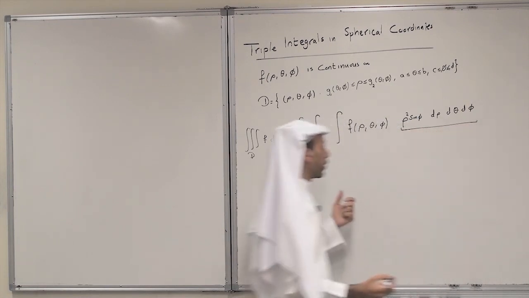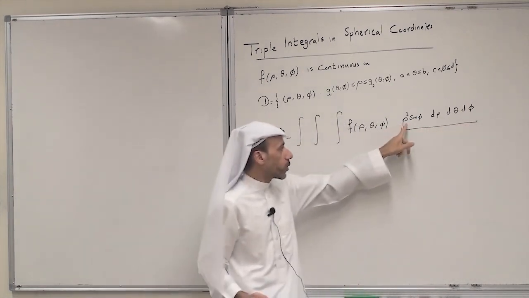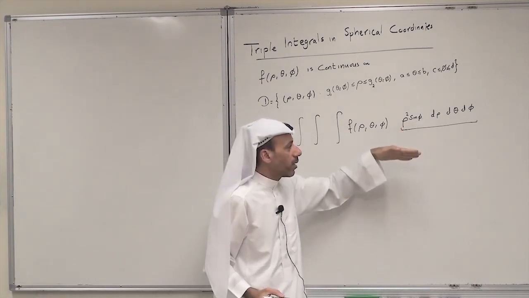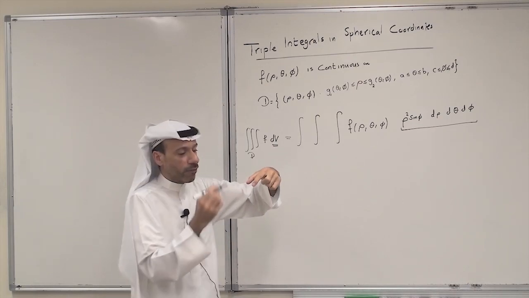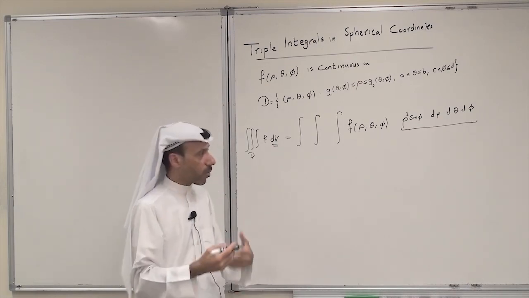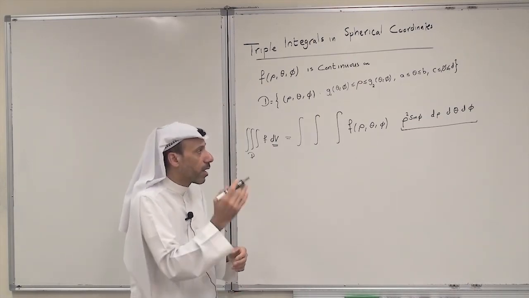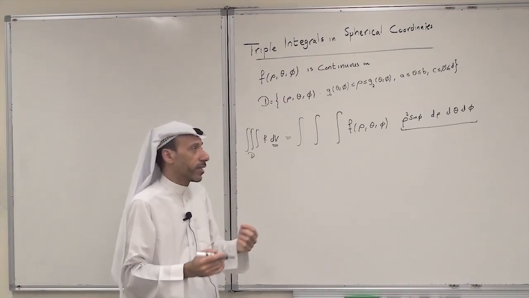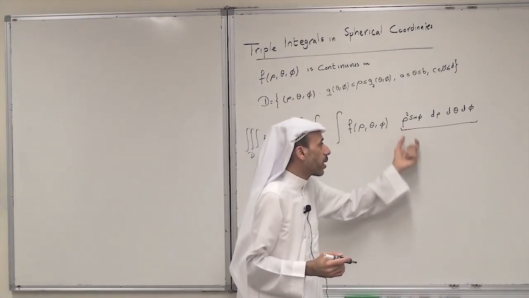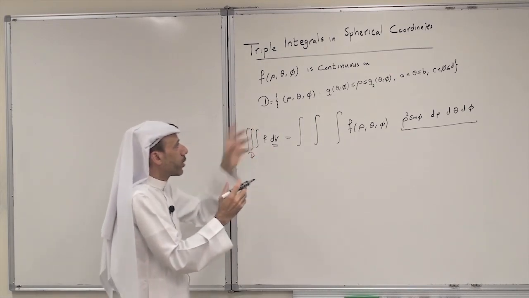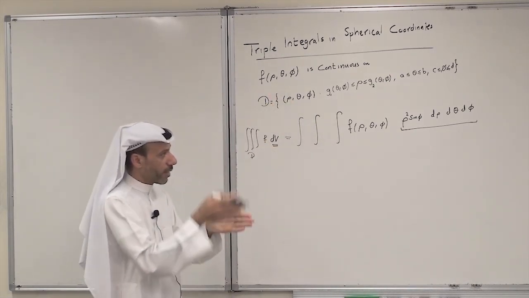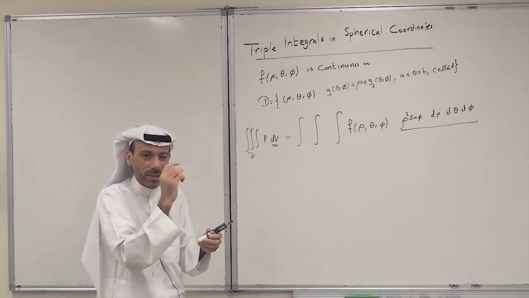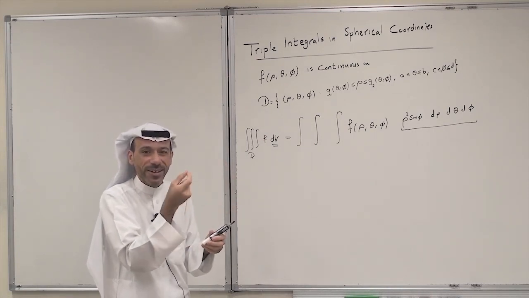So we have for dV a factor of rho squared sine phi, which is really similar to the factor in polar coordinates. You have r dr d theta, and in cylindrical coordinates, r dz dr d theta. It comes from taking a solid in 3-space described in spherical coordinates, dividing it, and finding the volume of a spherical rectangle.